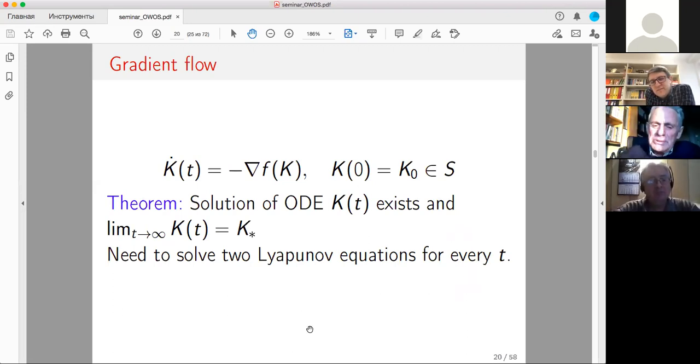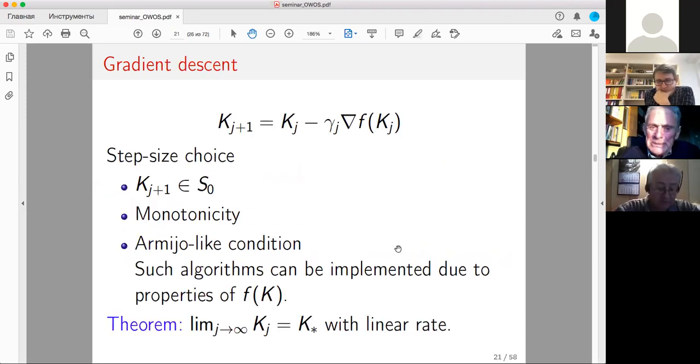So we should solve continuous Lyapunov equations in continuous time, but forget about it and proceed to standard gradient descent.